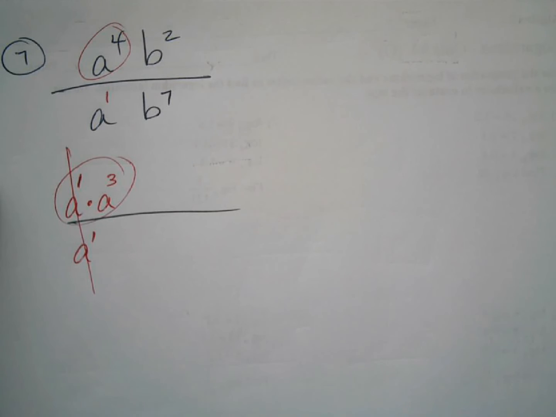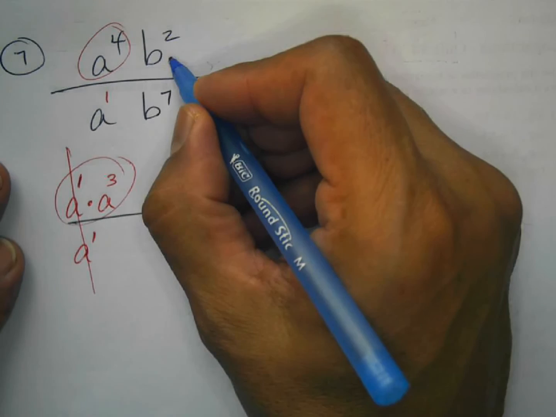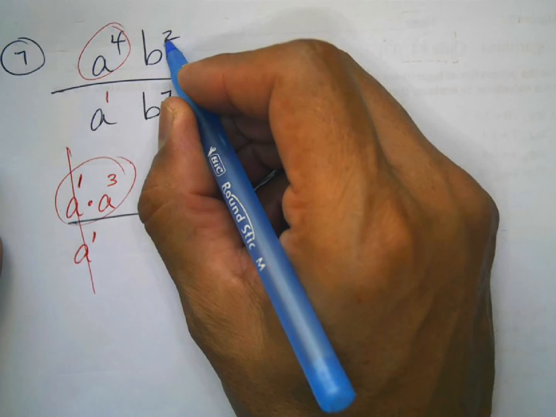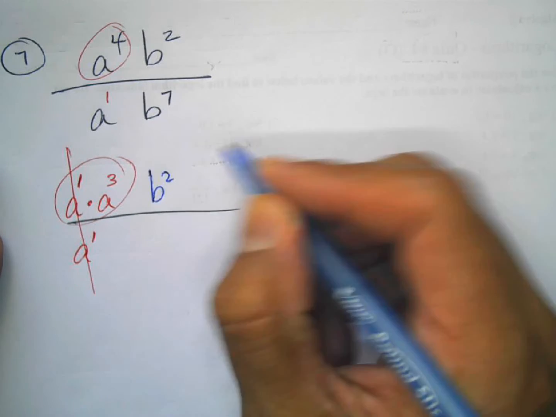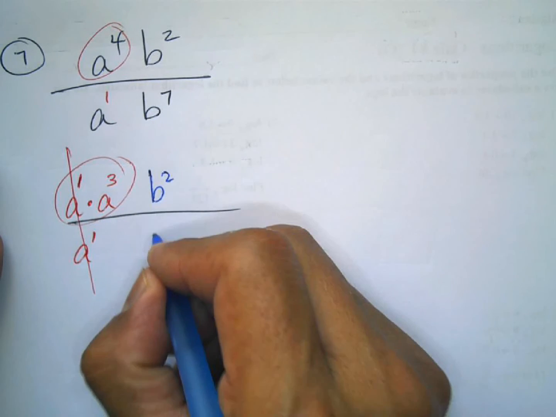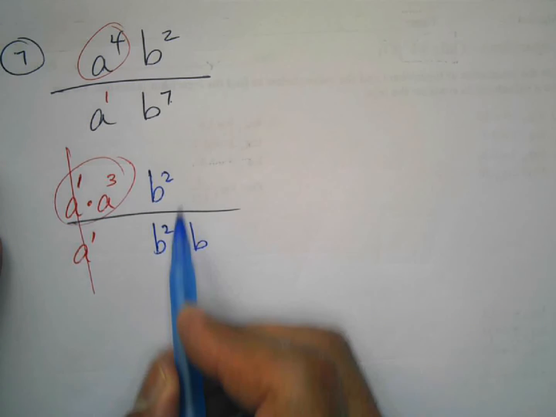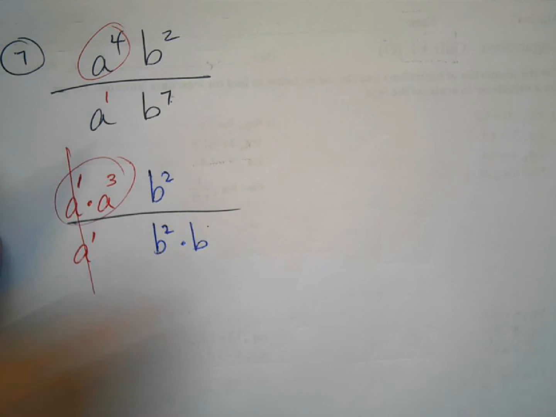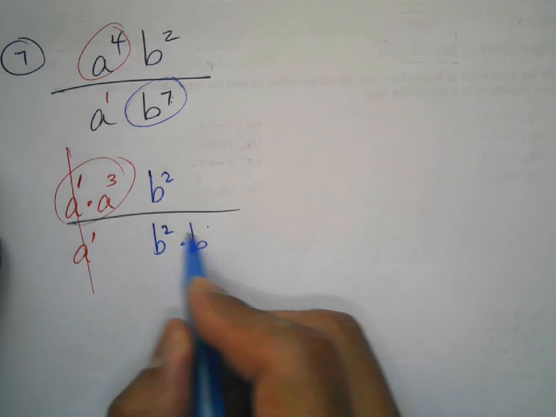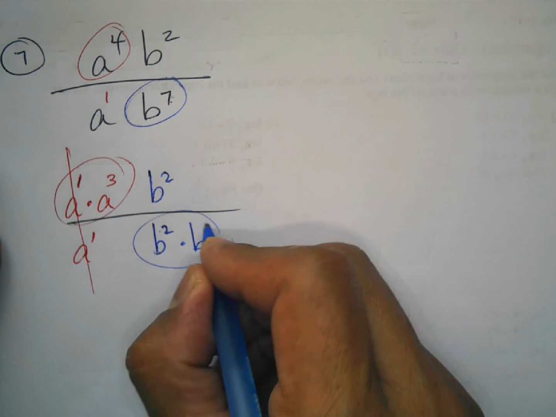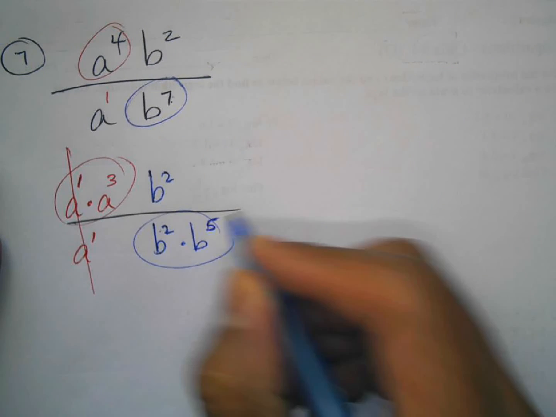And now I'm going to do the B. We want to keep the lower one, so keep the B2, and then this 7 is going to be a B2, and how many more do I need to add to 2 to get to a 7? Well, this gets split. The B7 gets turned into a B2 with a B what? 5, right?